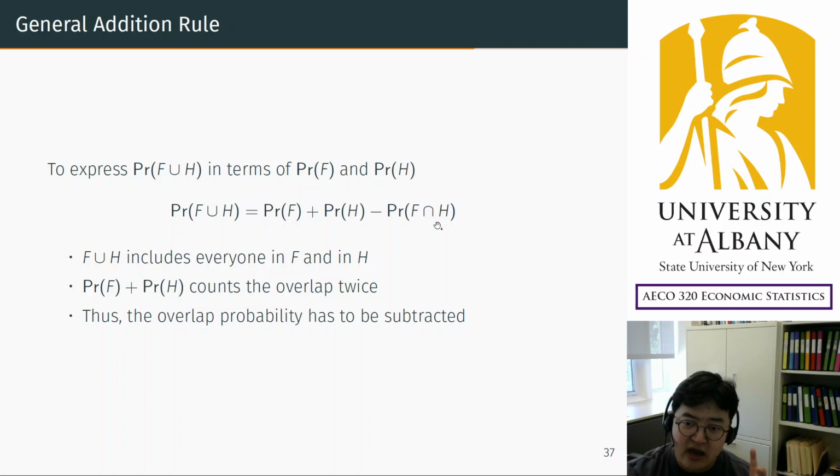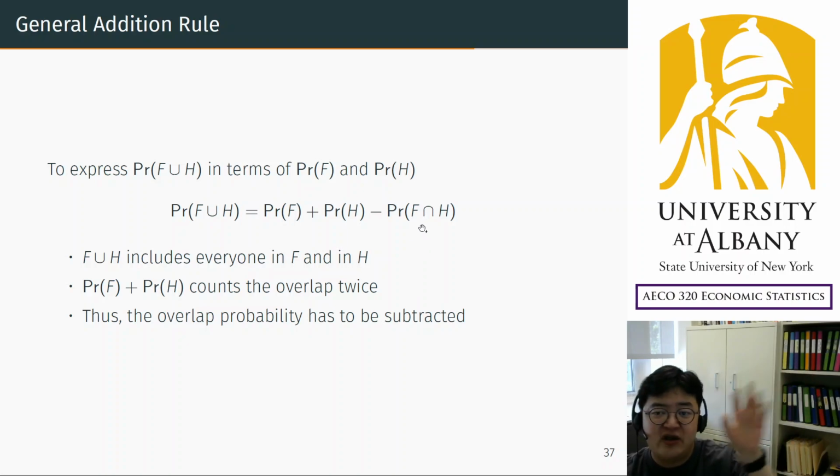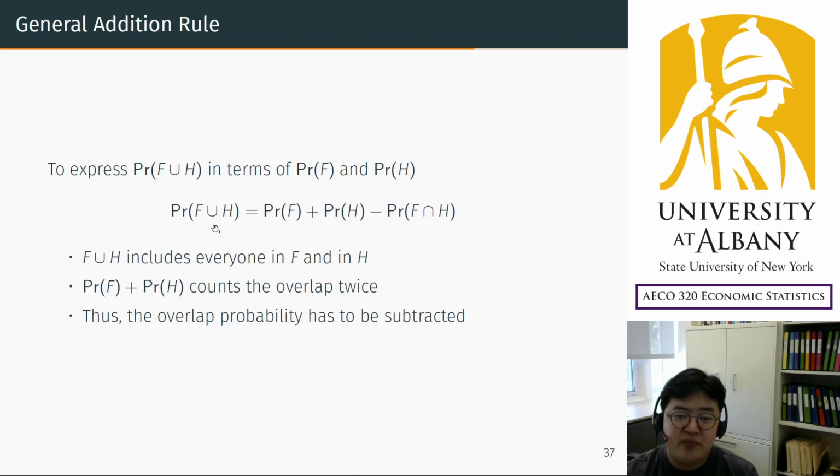The overlapping area is the intersection. The intersection is included in both F and H, so it is counted here and here. So double counted. You have to subtract that part to obtain the correct probability. Literally there is an overlap, so you have to adjust that much. That is the relationship between union, intersection, and the basic events.